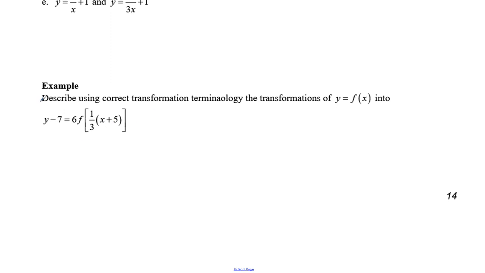First and foremost, describe using correct transformation terminology the transformations of y equals f of x into this. Right off the bat, I say screw that. This is a +7. Now, I am going to read this out. Here is what's going on. I have a vertical stretch about the x-axis, right? Think about it.